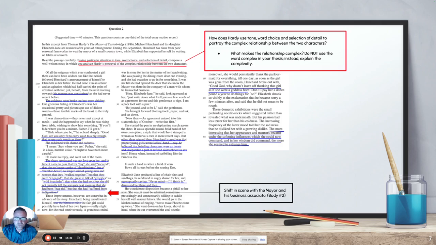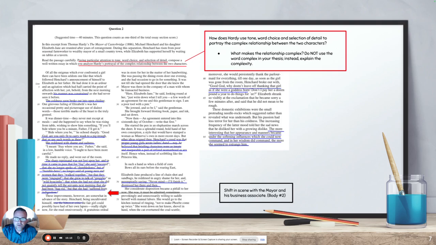Her considerate disposition had become a pitfall to her now, and she was, it must be admitted, sometimes provokingly and unnecessarily willing to saddle herself with manual labors. She would go to the kitchen instead of ringing, not to make Phoebe come up twice. She went down on her knees, shovel in hand, when the cat overturned the coal scuttle. Moreover, she would persistently thank the parlor maid for everything, till one day, as soon as the girl was gone from the room, Henchard broke out with, "Good God, why doesn't she leave off thanking that girl as if she were a goddess born?